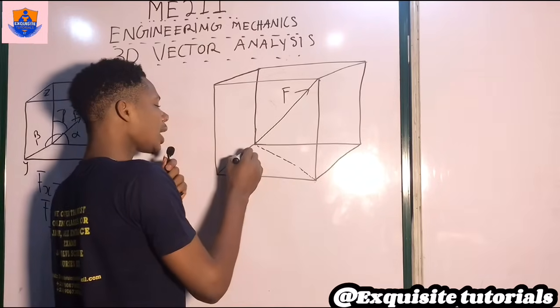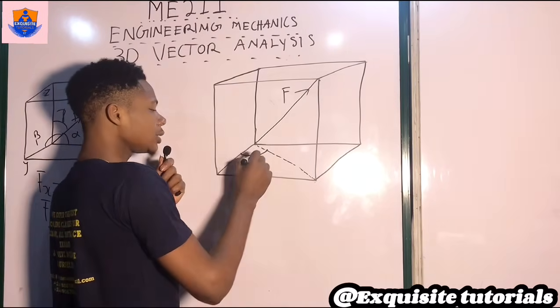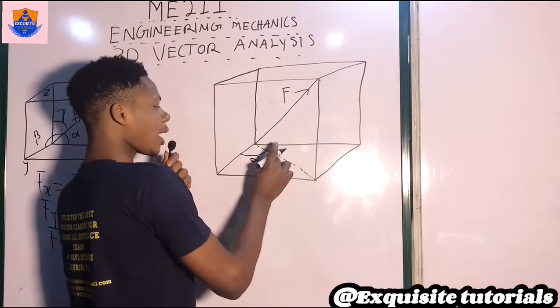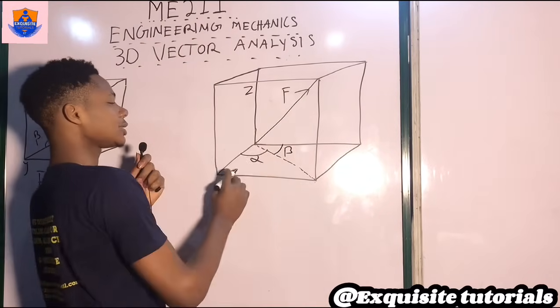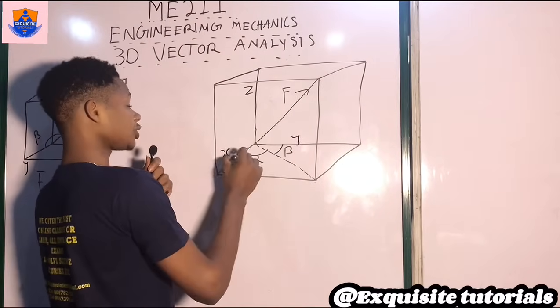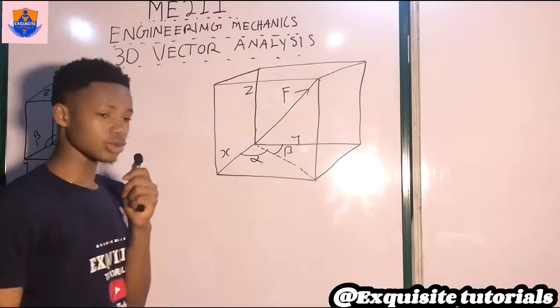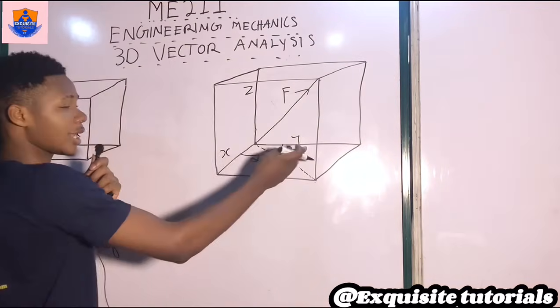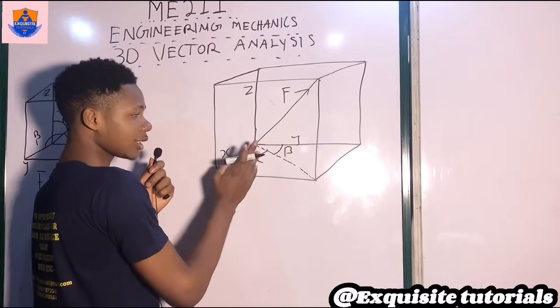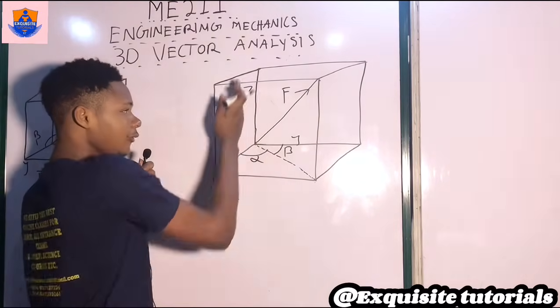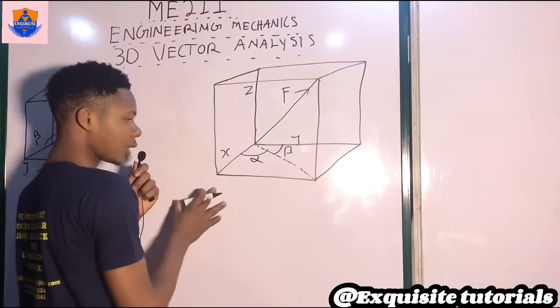Now, let's say the angle we are having here is alpha, and the angle we are having here is beta. Okay, I'm going to call this the z-axis, call here the y-axis, and call here the x. Remember, I said we could call any of these components the x, the y, or the z-axis. Okay, but just in this particular diagram, I'm going to make use of this vertical component as the z-axis and the other two as the x and y-axis.